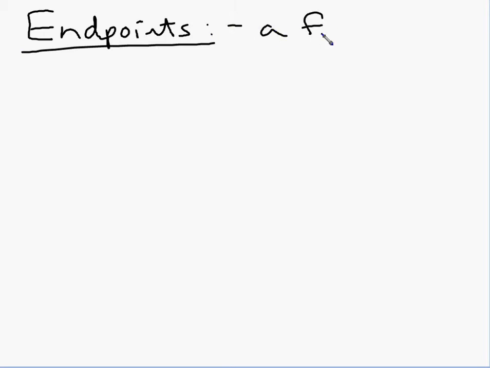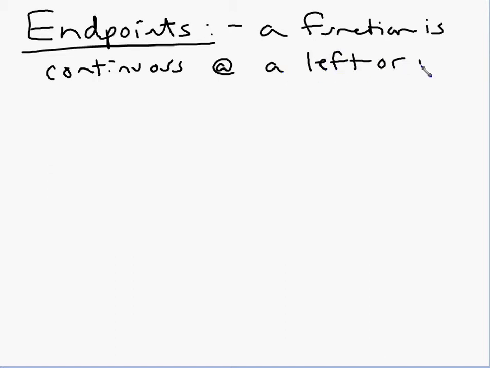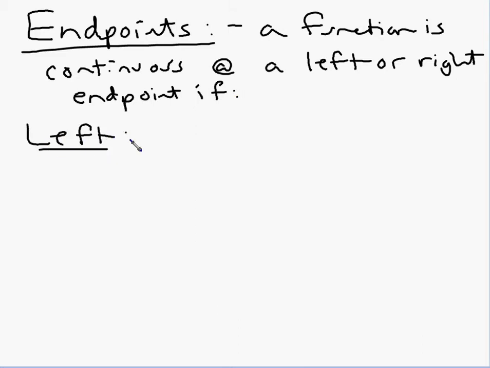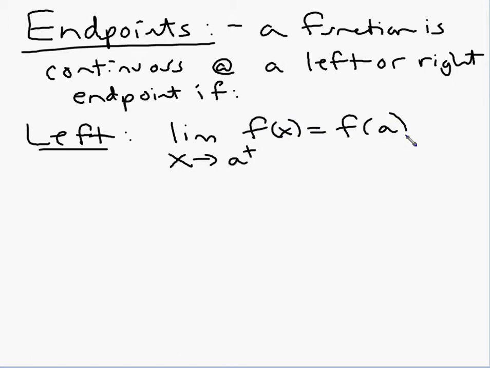A function is continuous at a left or right endpoint if, for a left endpoint, the limit as x approaches a from the right of f of x equals f of a.